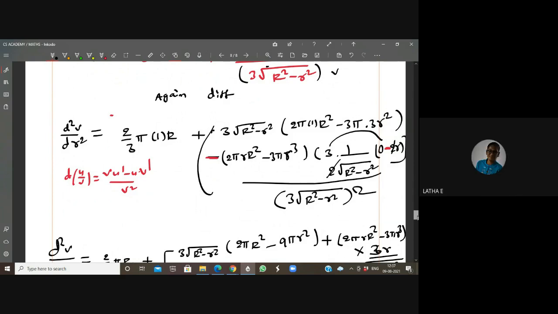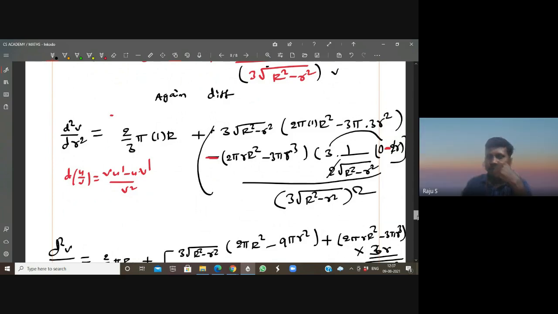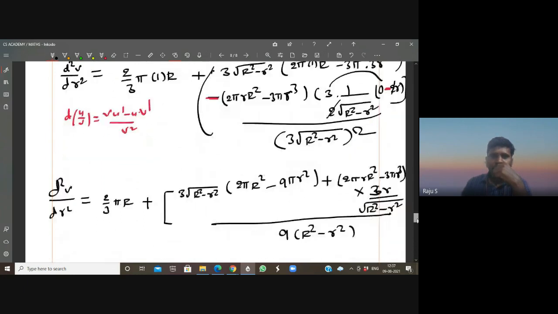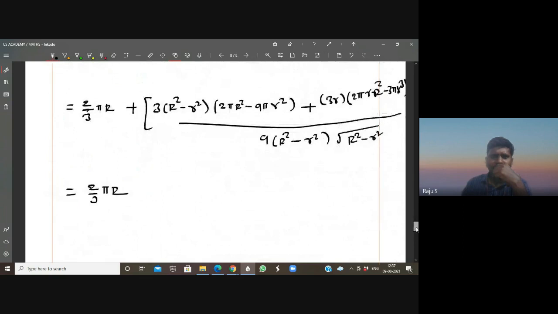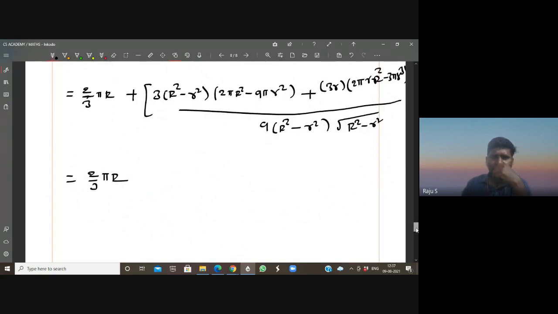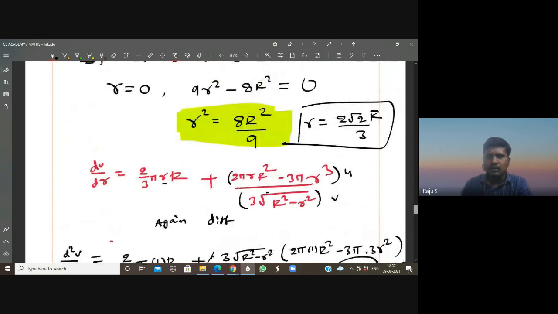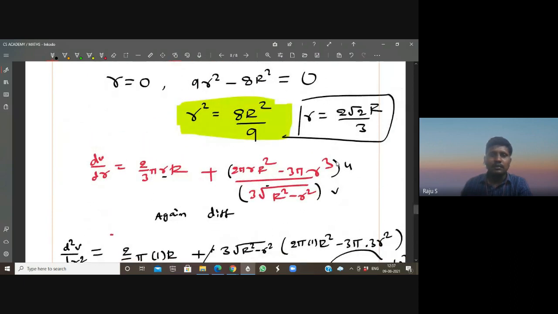Okay, students, see, here after this it will take more time. It's not required. Just what shall we do? In the second derivative, I want to substitute capital R square. What is the capital R square? Small r square is equal to 8 capital R square by 9.